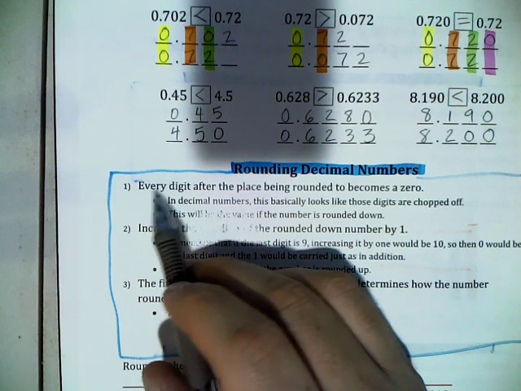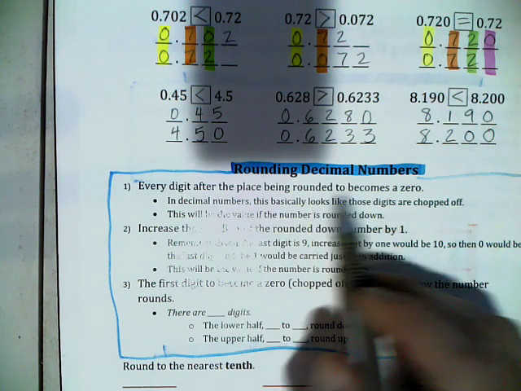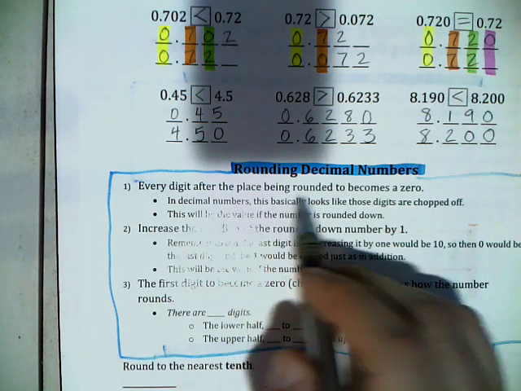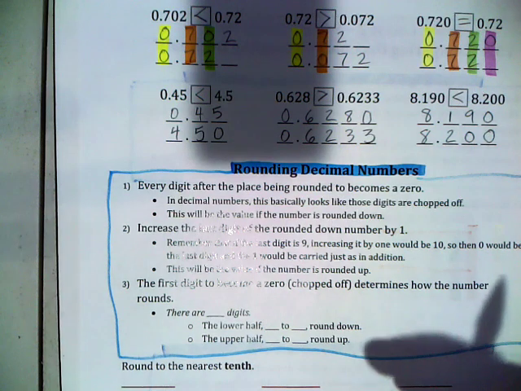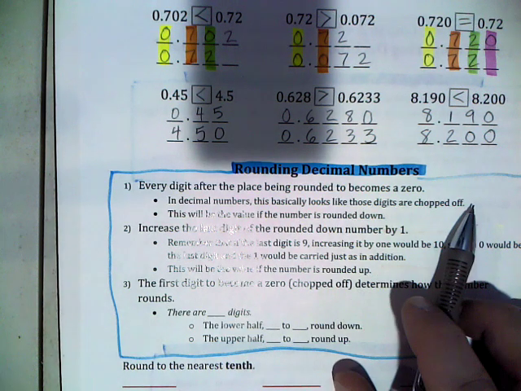The shortcut is every digit after the place being rounded to becomes a 0. So in decimal numbers, this basically looks like those digits are just chopped off.